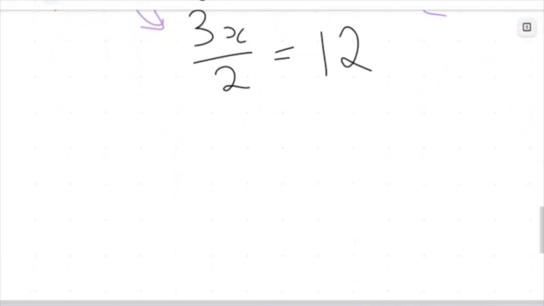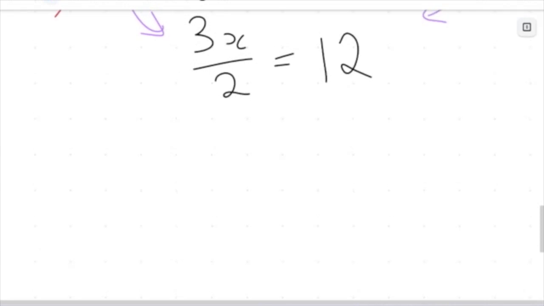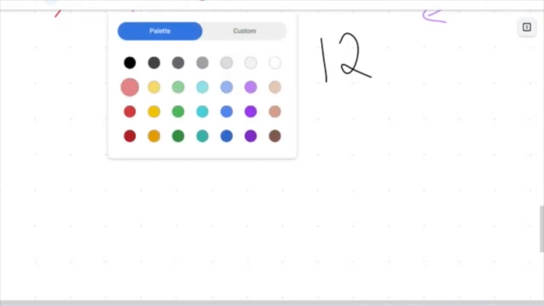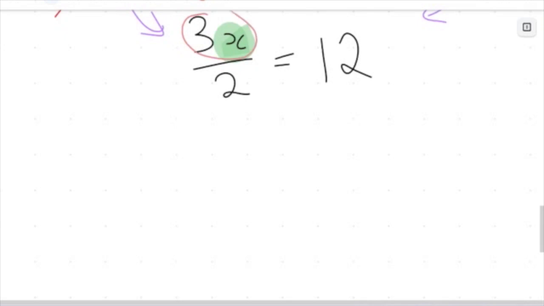And we can keep going from here. So looking at what the last thing that was done to my x was, well, first I timesed it by 3, and then I divided the whole numerator here, 3x, by 2. So something divided by 2 gives me 12.